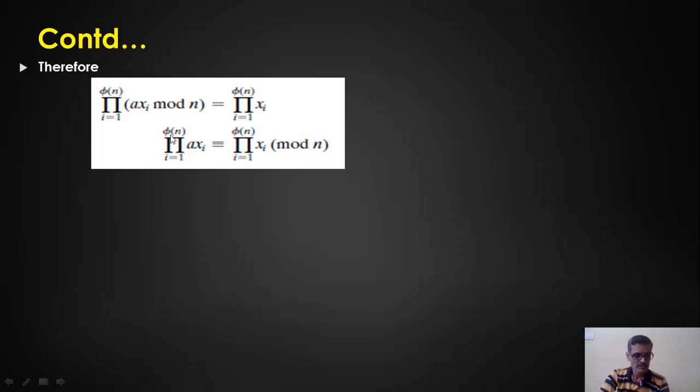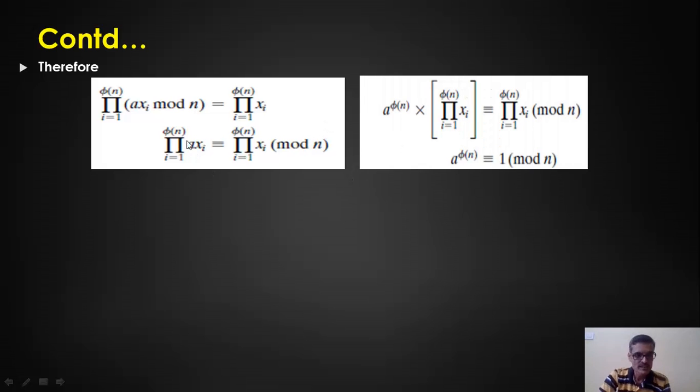Now, see here I have a as a common term, and I actually have phi n number of a's, right? I'll split this particular term into 2 separate parts. Just look at this. This a is repeated phi n number of times, correct? So I have taken that outside, and the remaining term I have written as it is, that is the product of xi terms, and phi n such elements are there, which is congruent to the same thing here.